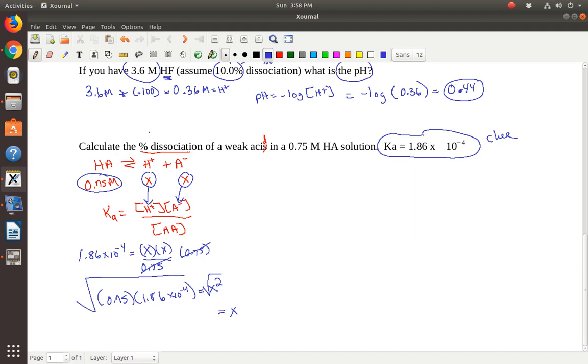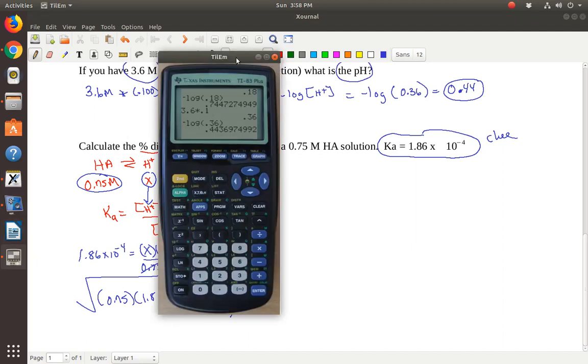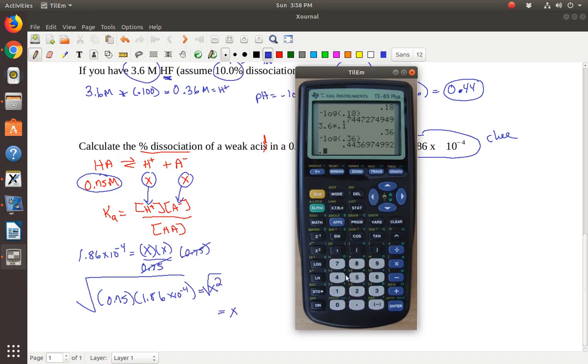So now I'm going to put this in my calculator. 0.75, enter, times 1.86 second function, double E, negative 4, enter. That's the value underneath the square root sign, okay?